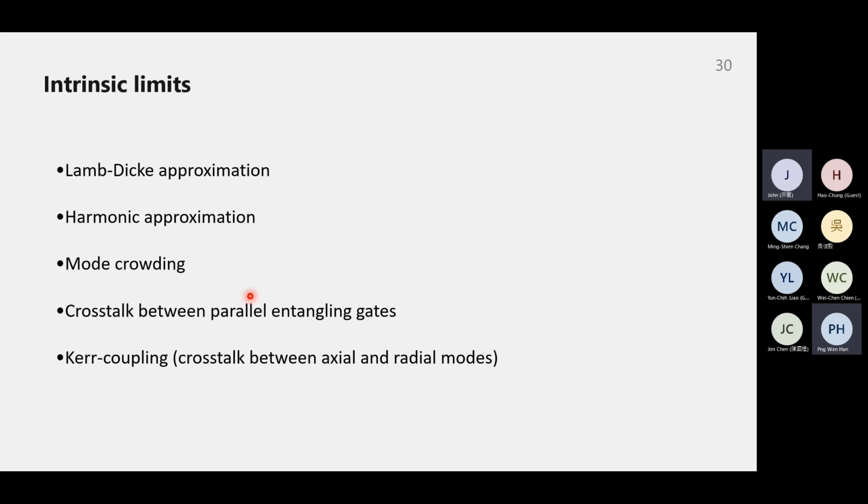So for the Lamb-Dicke approximation, you could think of it like the ion is oscillating. When it's oscillating, you can think of it like wave packets, and the wave packets will be acted on by your lasers.